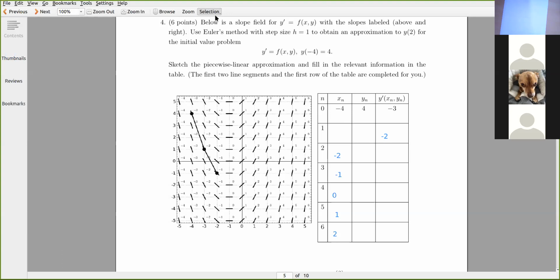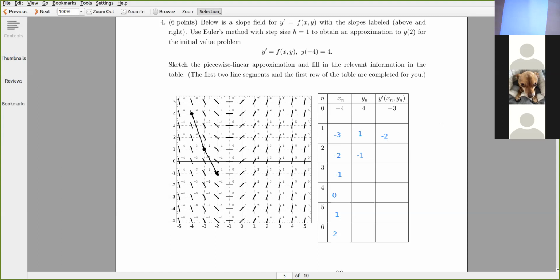Why did it erase both of those? I don't know. So we had -3 here, and then positive 1 there. And then when I go down, here we'll be at -1. And so we find this next point, (-2, -1).